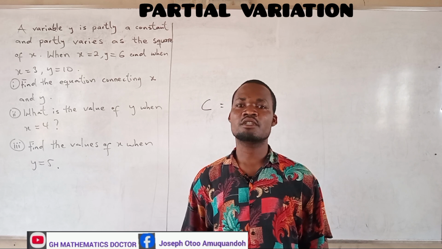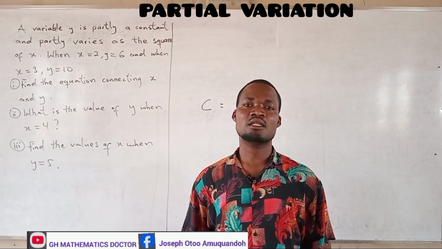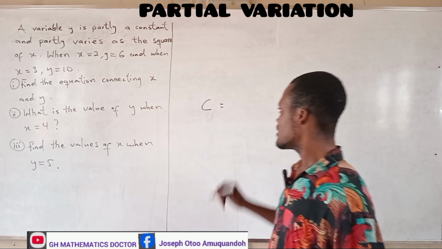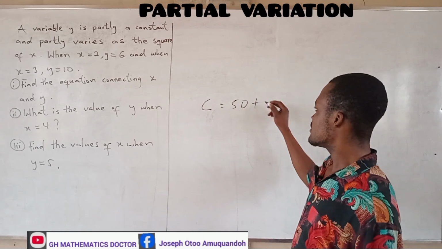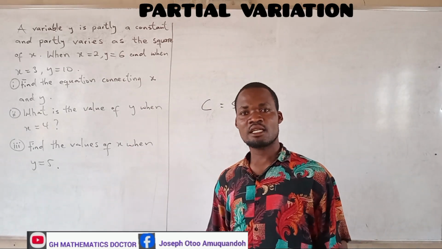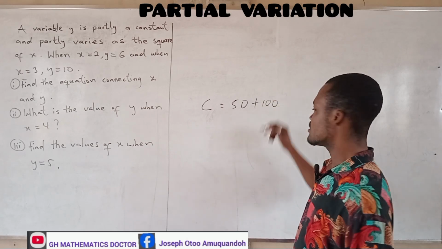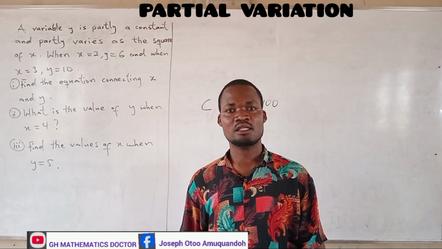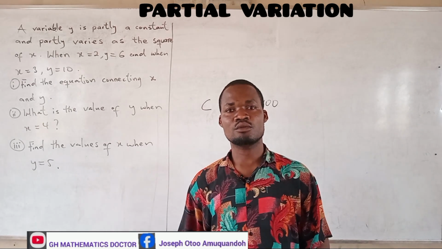No matter the number of days the man uses in renting a car, the man compulsorily needs to pay the maintenance cost of 50 Ghana cedis. So the man will pay 50 Ghana cedis in addition to 100 cedis a day. And the number of days the man uses the car depends on the cost that he will pay.